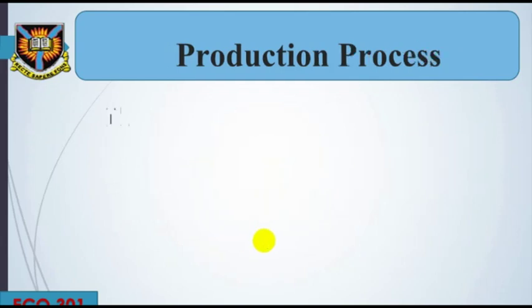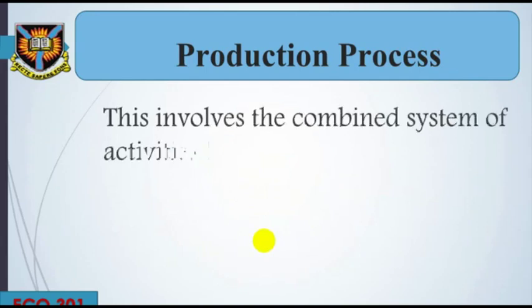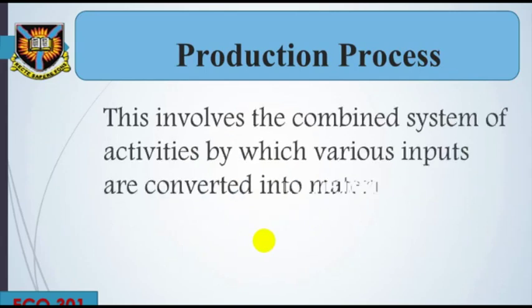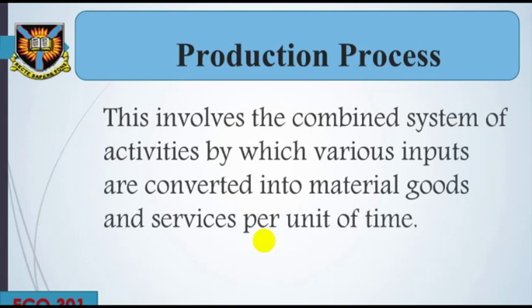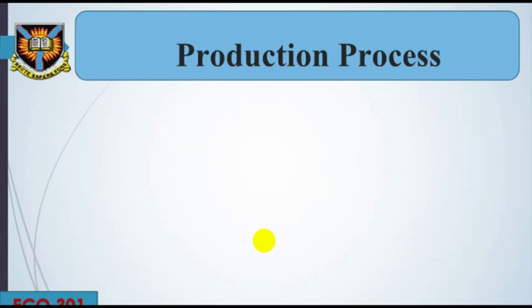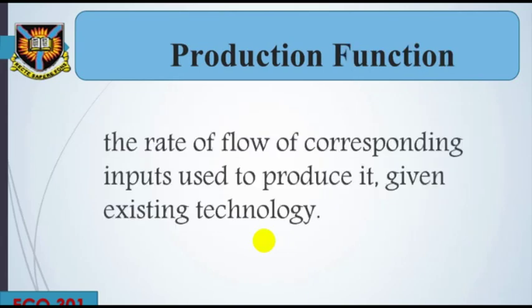It can be expressed mathematically as Q = F(x1, x2, x3, ..., xn), where x1, x2, xn represent quantities of various inputs and Q represents the quantity of goods produced per unit of time.